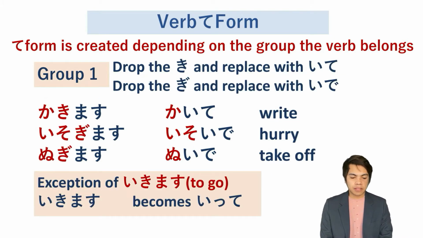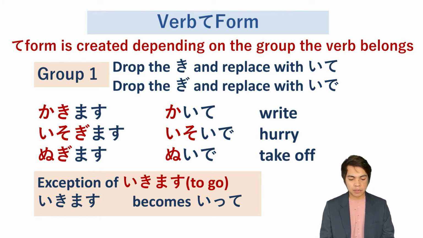Now for the group 1 verbs that end in ki, let's remove the ki and replace it with ite. And group 1 verbs that end in gi, replace the gi with ide. For example, kakimasu, kaite. Next one, isogimasu, to hurry, isogi, isoide. Next, nugimasu, to take off, nuide.